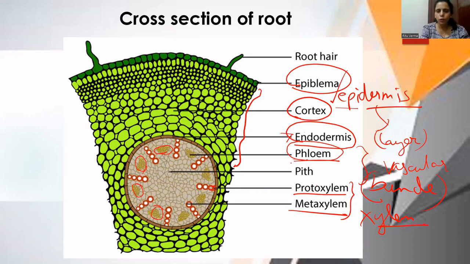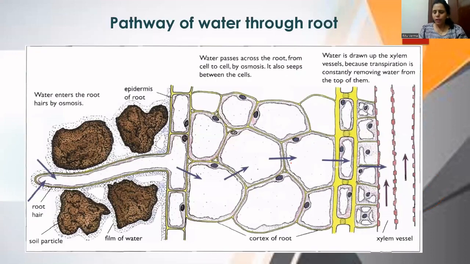Now let's see how water passes through root hair cells. For example, these are your epidermal cells. Now one of the epidermal cells has a long, thin and hair-like extension which is called root hair. Now water is absorbed by root hair cells. These are the soil particles.